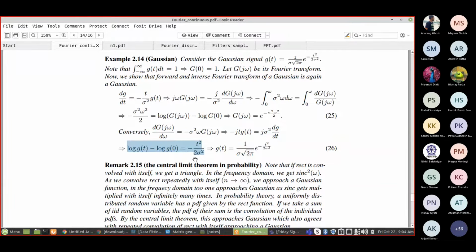So g of t is g of 0 times e to the power of this term, and g of 0 is this expression; you just put t equal to 0 here and you get g of 0. So you recover g of t if you go the reverse way. I hope this is fine.